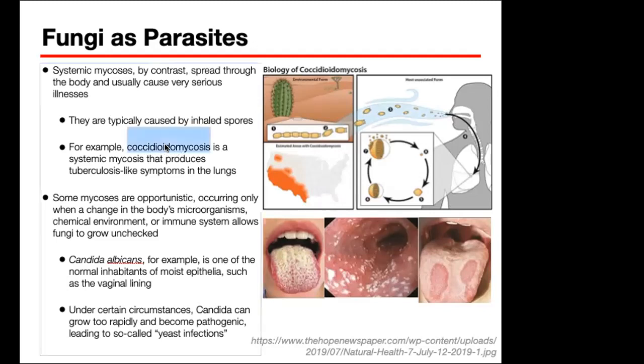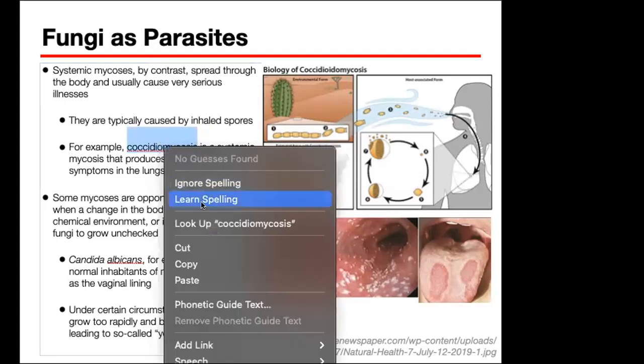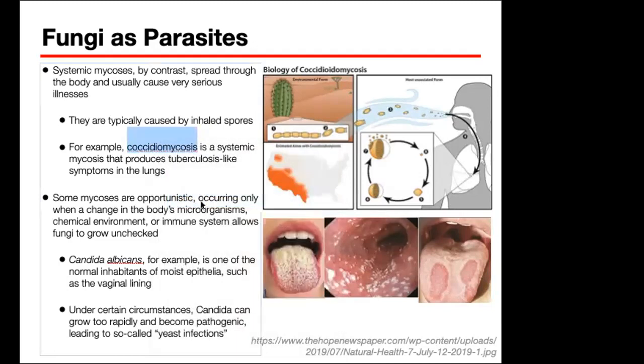That's coccidiomycosis. I should correct this one. Kaya parang nahihirapan ako magbasa kasi mali yung dito. Coccidiomycosis. It's a systemic mycosis. Ibig sabihin, it affects one organ to another, no? And it produces these tuberculosis-like symptoms in the lungs. And some mycoses are opportunistic.